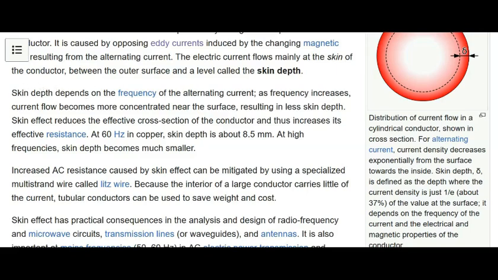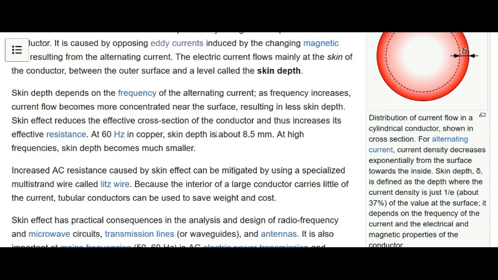And they note then, of course, that skin depth depends on the frequency of the current. And as frequency increases, current flow becomes more concentrated near the surface. And they also say that at 60 hertz in copper, skin depth is about 8.5 millimeters.